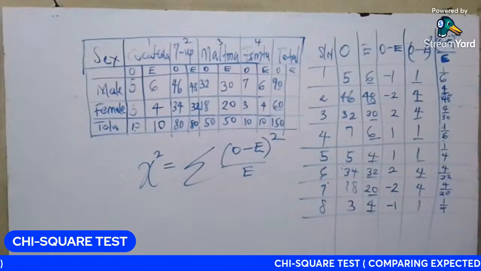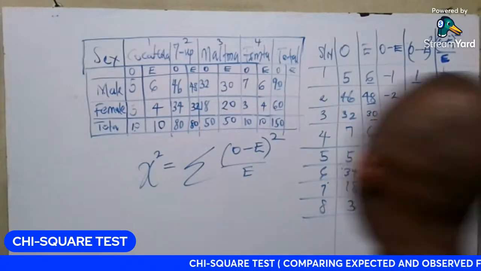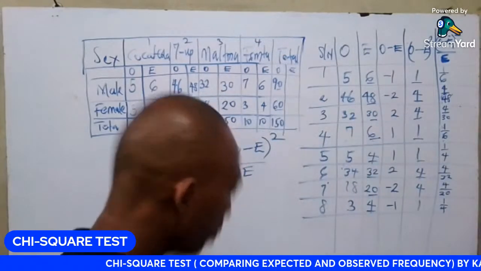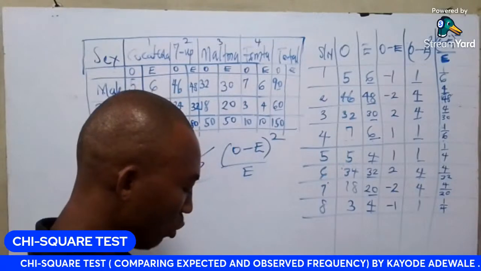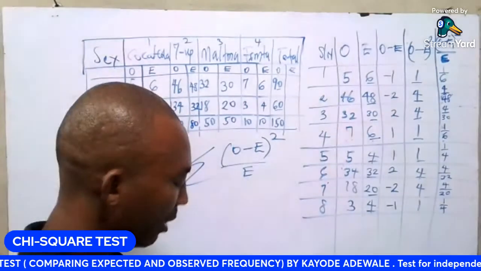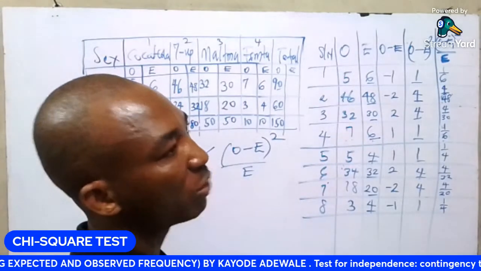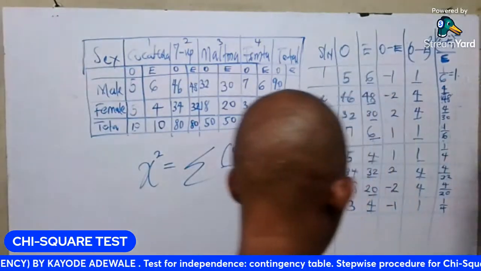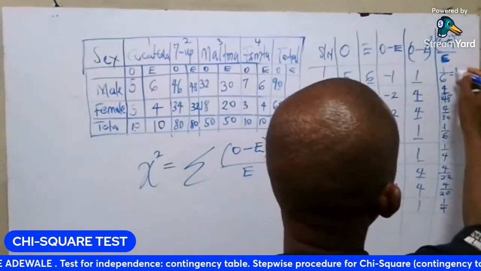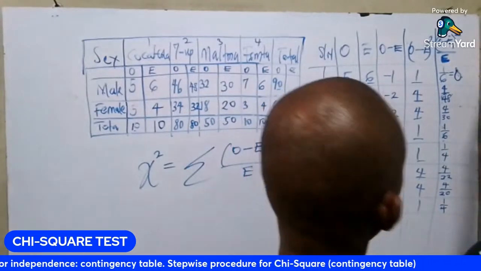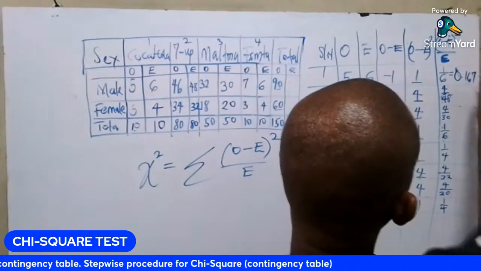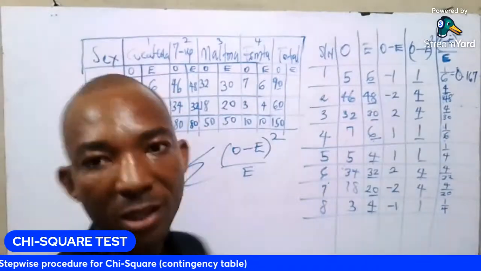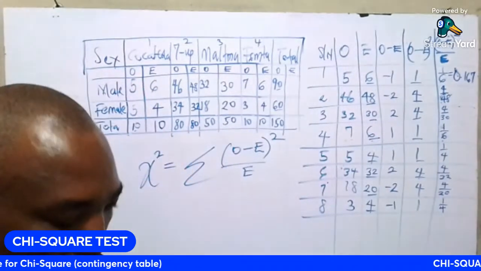So let's see this now. 1 divided by 6. What is that going to give me? We can put this to 3 decimal places.